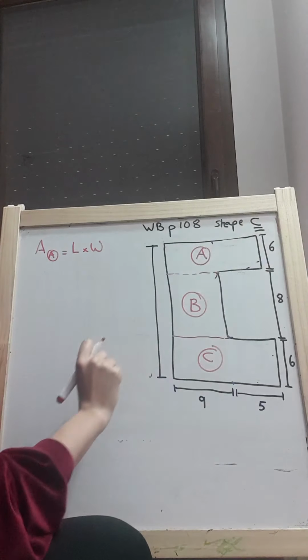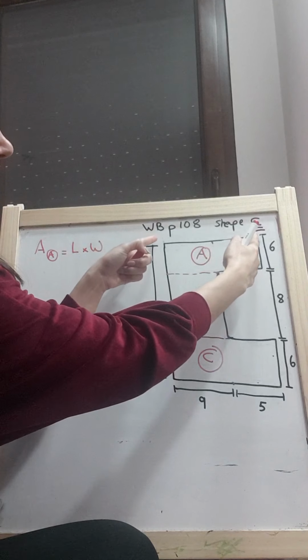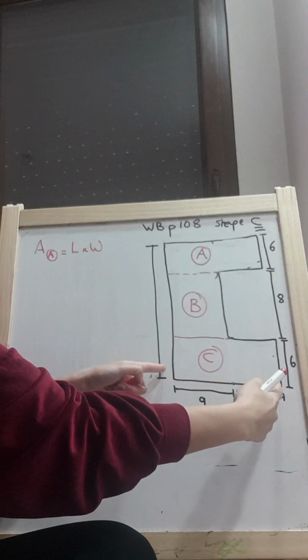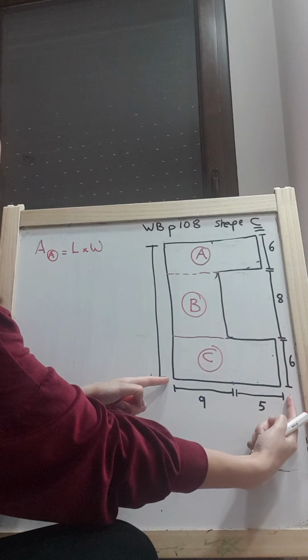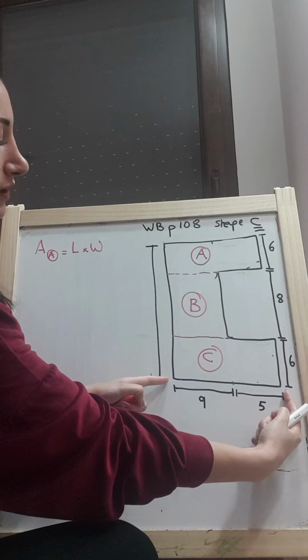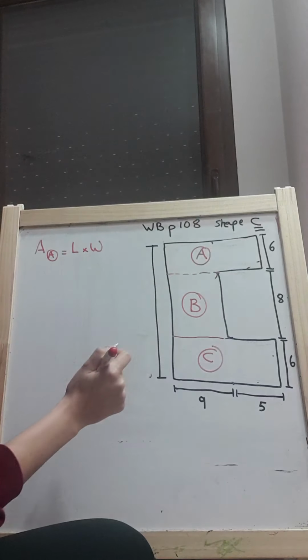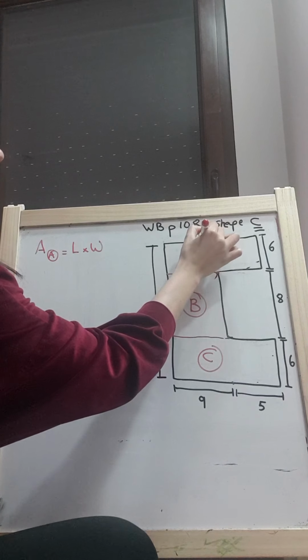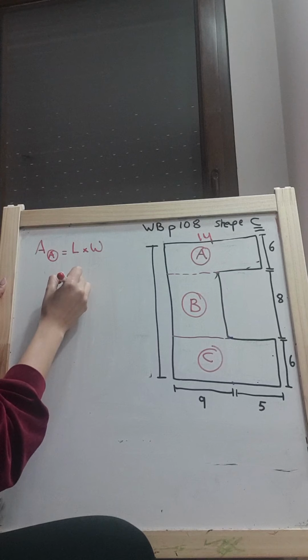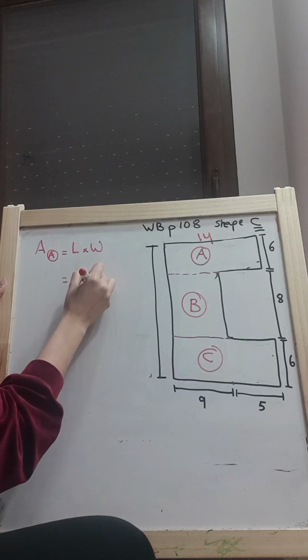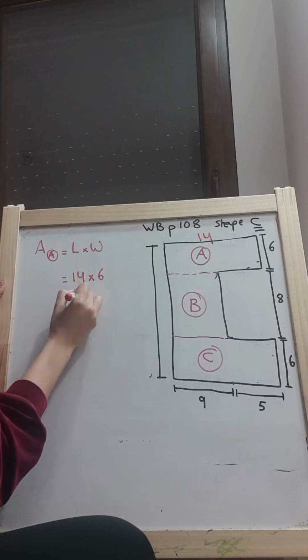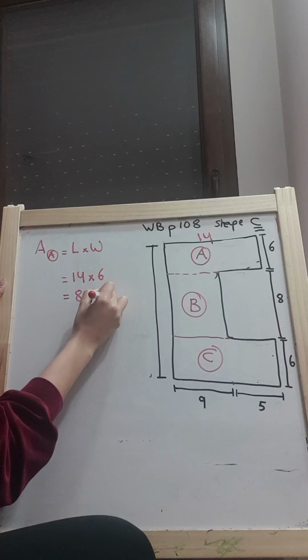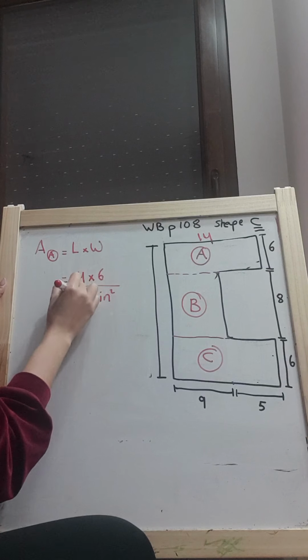The width is 6. The length is 9 and 5 together. See? So it's 14. So 14 times 6 is 84 inches squared.